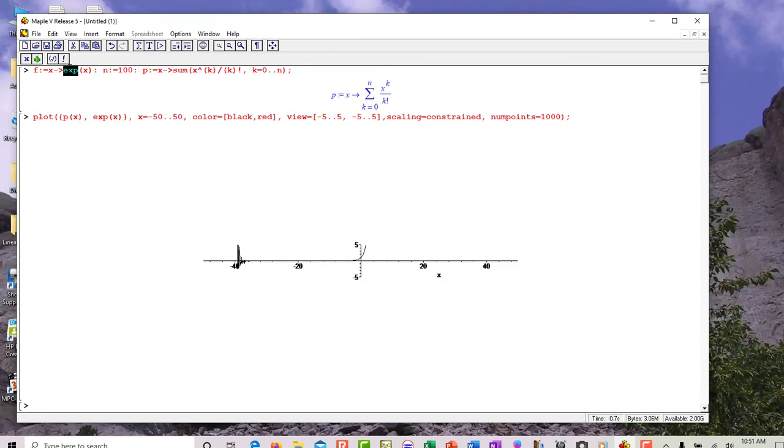What about the function cosine of x? On that function, we only dealt with even powers because the cosine function is even, but it also alternates in sign.